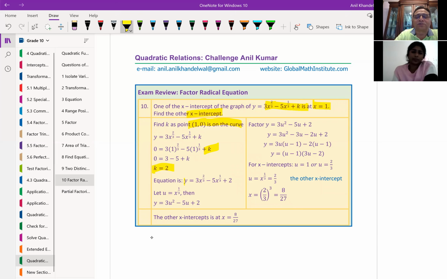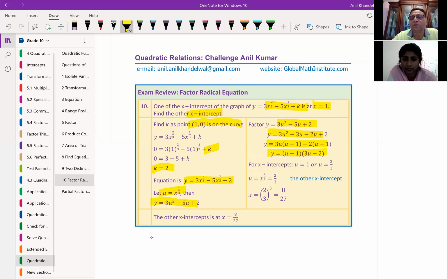And now it is the question of factoring the equation to find the second factor. Correct? Yeah, that's what I did. Now I used your strategy, substituting x to the power of 1/3 as u. Last time you were substituting x squared as y. So here, the cube root of x, I substituted as a variable u. So I got a quadratic equation, which is simple to factor.